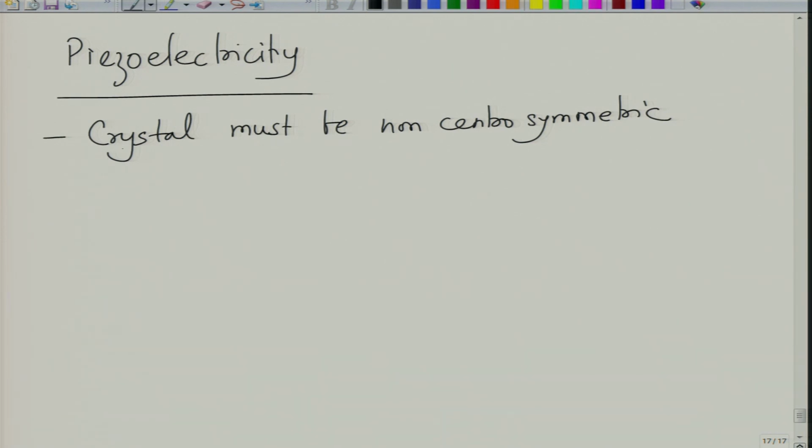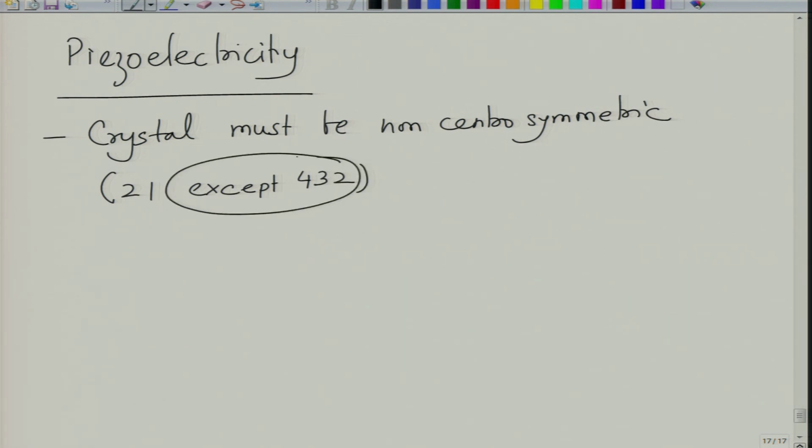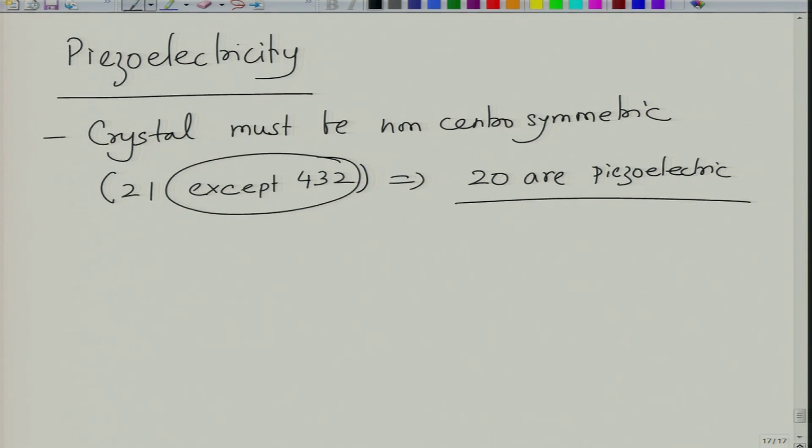It applies to all the 21 point groups except 432. With the exception of 432, everything else is piezoelectric, which means out of 21, 20 are piezoelectric. As long as your material belongs to these 20 point groups, it will be a piezoelectric material. This is a must requirement: a piezoelectric material must be non-centrosymmetric. It can be polar, it can be non-polar, it does not matter.